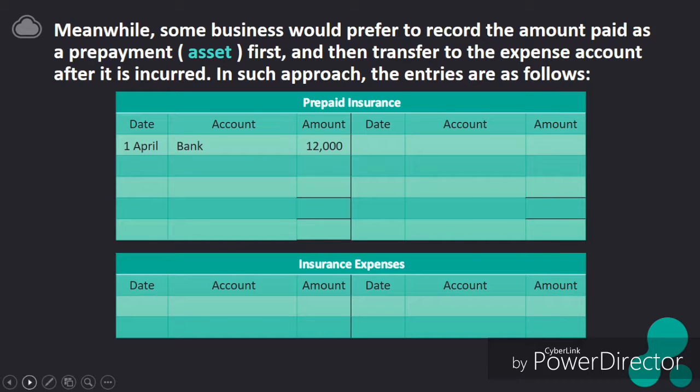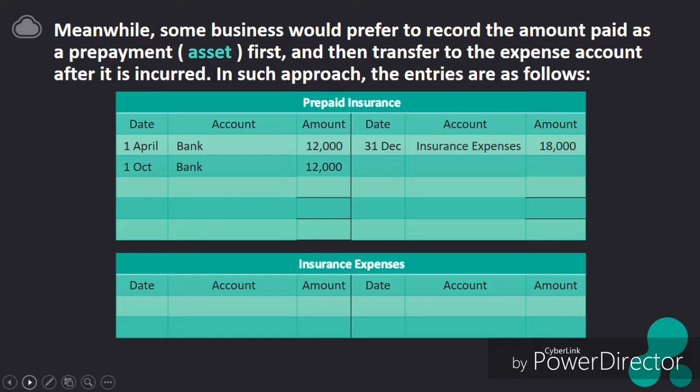So, in the second method, we will open prepaid insurance account first. Same as before, we will record the payment for 1st April and 1st October in this account on debit side. Then, on the credit side, we record the amount that we pay for insurance expenses from 1st April until 31st December.